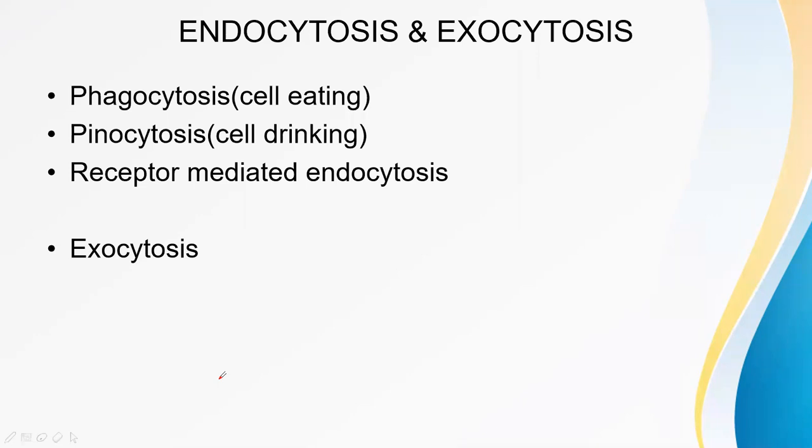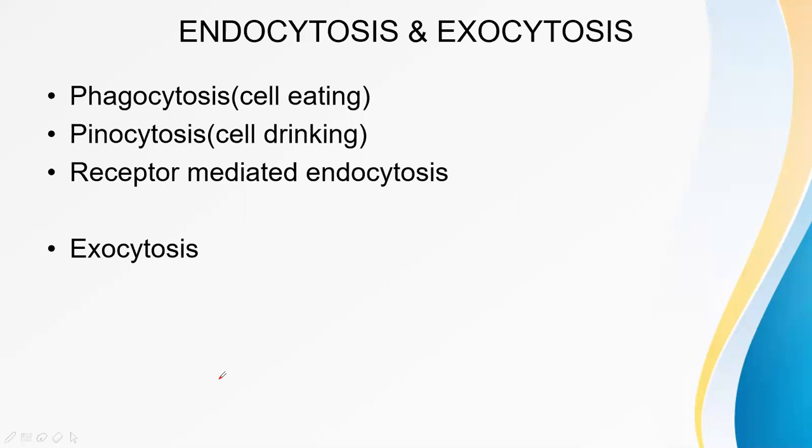Okay, let's talk about phagocytosis, or what we call cell eating. Phagocytosis is the taking of solid large particles into the cytoplasm, without concern for the active and passive mechanism.